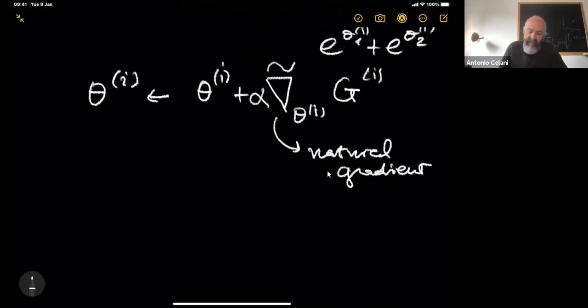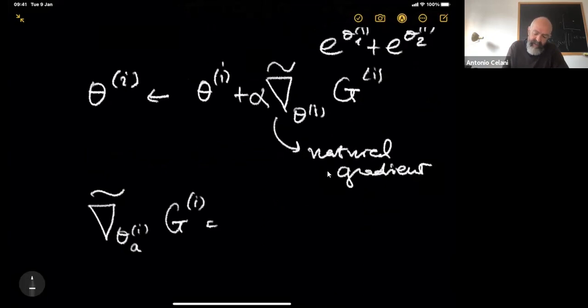So what does it mean in our case? Well, we have to take the natural gradient with respect to these parameters theta, for instance, with index A of G_i. And what is that explicitly?